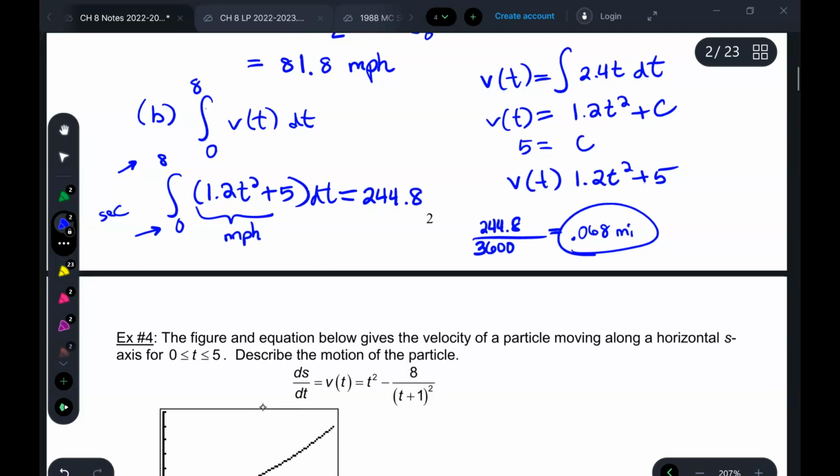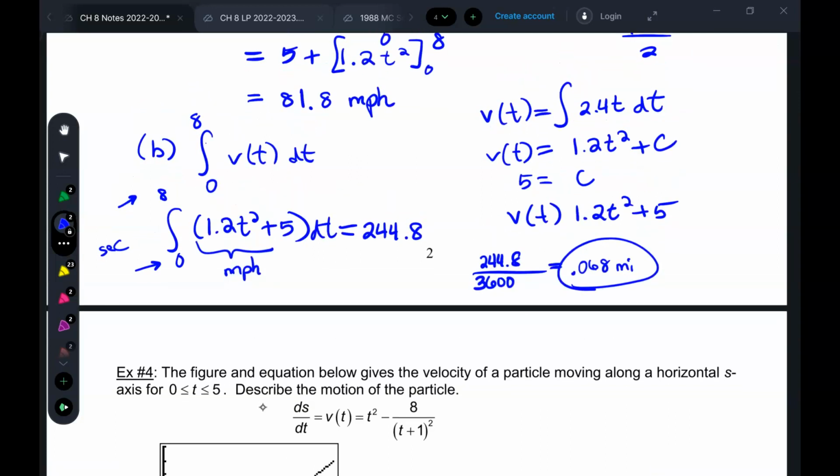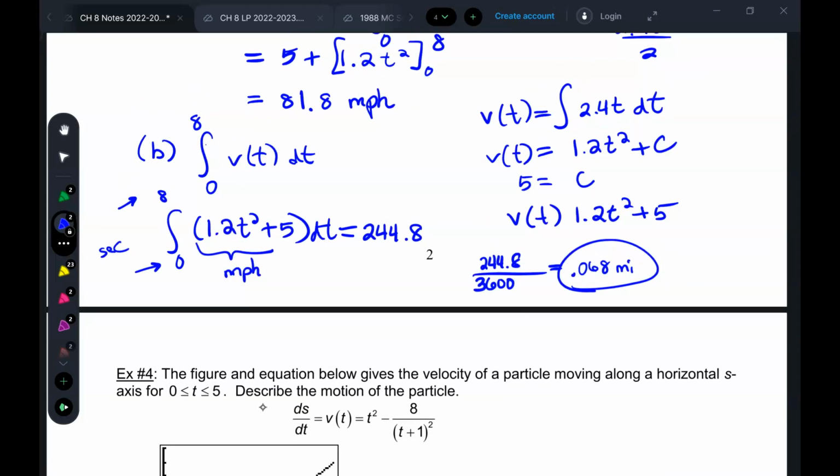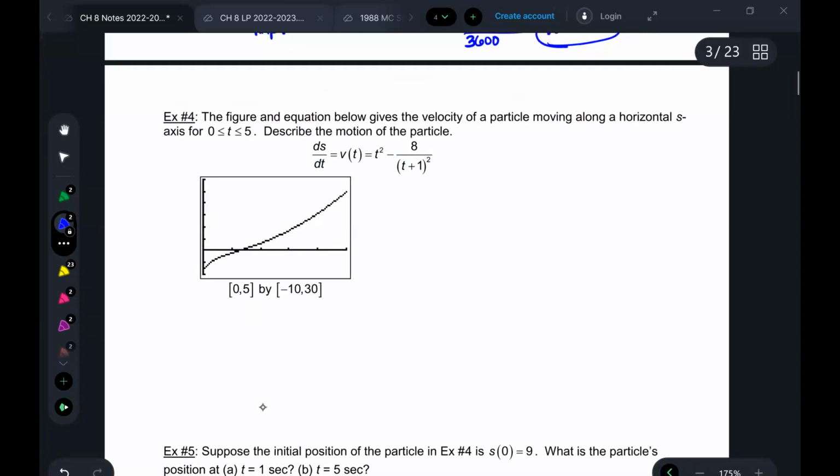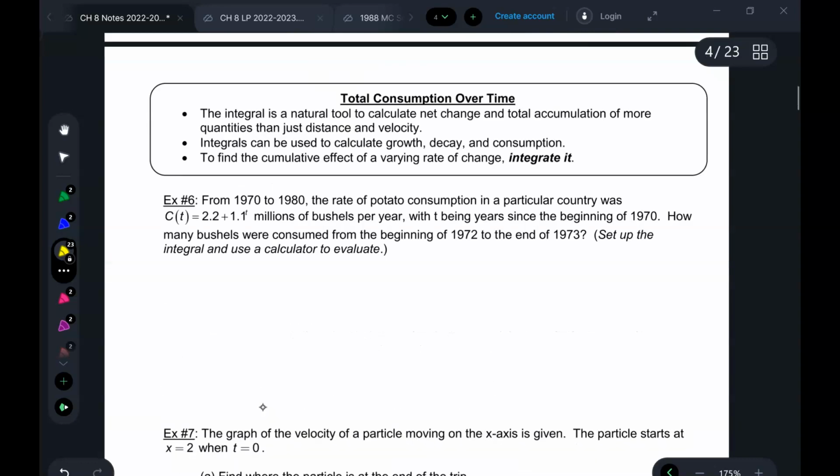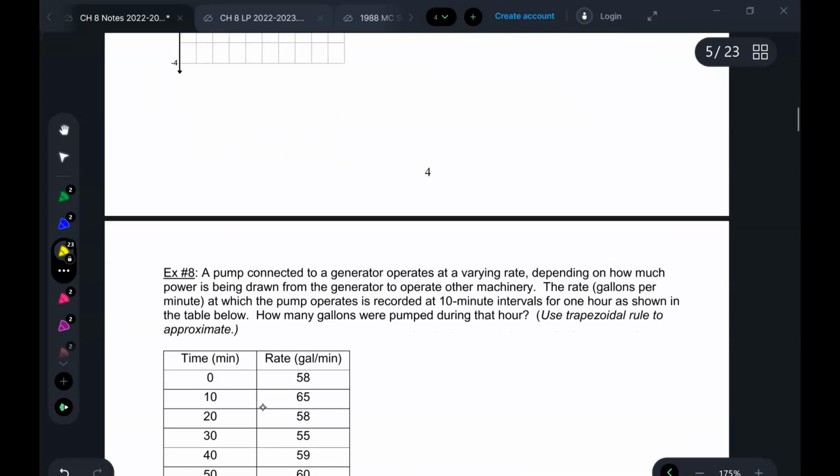Here we go. I think this is, oh, we still have 2 more pages. 3 pages.